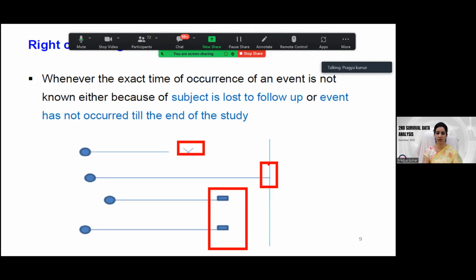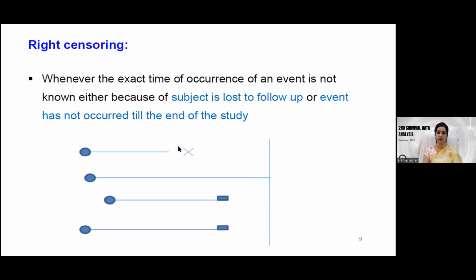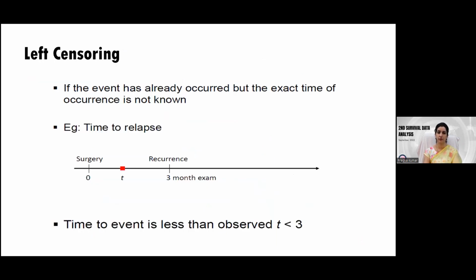So these are the right censoring cases. Right censoring is when you do not know the exact time of occurrence because the person is lost to follow-up or the study ended before that person had the event.